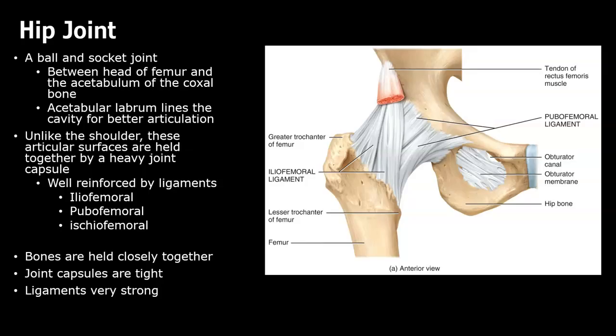It's going to be well reinforced by several different ligaments. So we're going to have our iliofemoral ligament, our pubofemoral ligament, and our ischiofemoral ligament. And so here these bones are going to be held closely together. They have joint capsules. They're going to be tight, and they're going to have a lot of ligaments that are going to be really strong here.